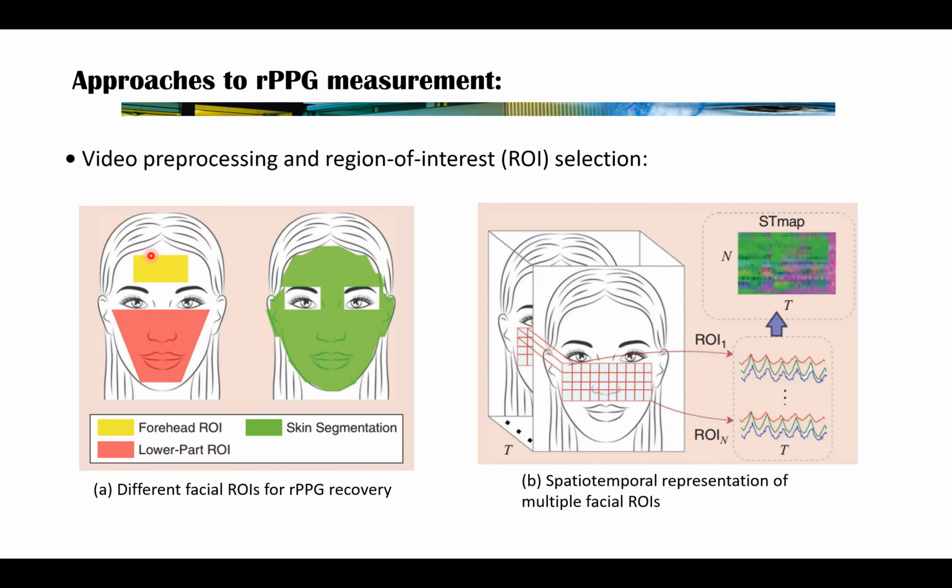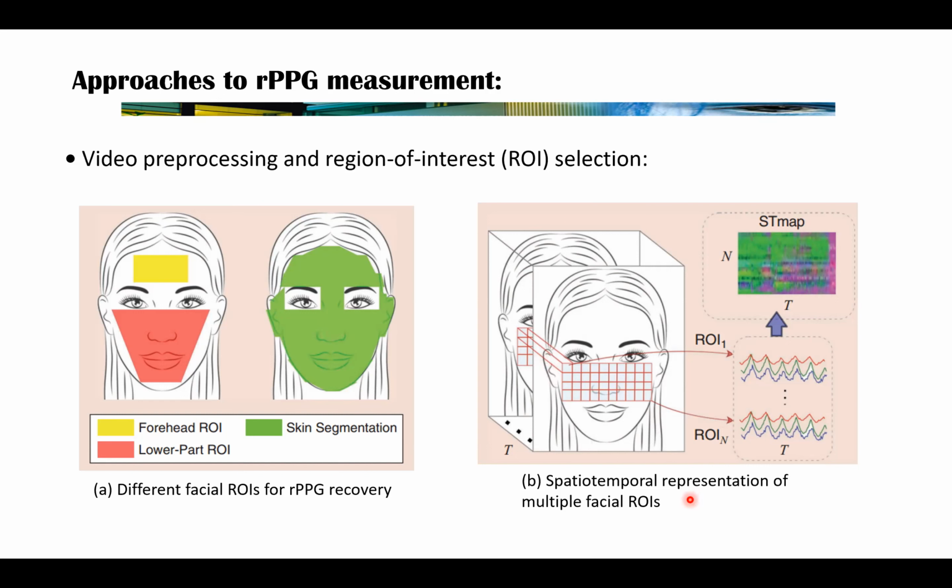So usually they will first define this ROI region and use some ROI tracking strategy across the whole video to ensure the rPPG signal can always be measured within these regions. Another strategy is to do whole-face skin segmentation to get each skin pixel for each frame. And after that, the rPPG signal can be calculated within all these skin pixels.